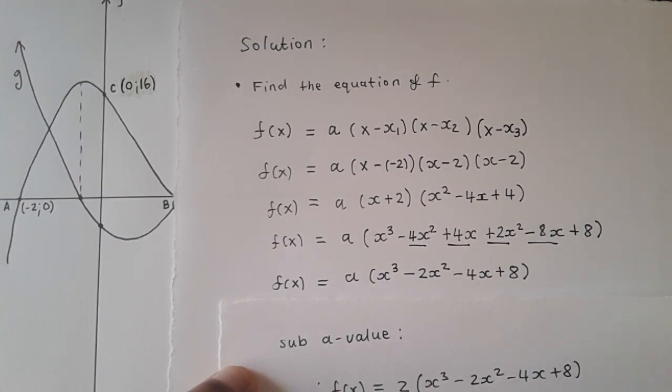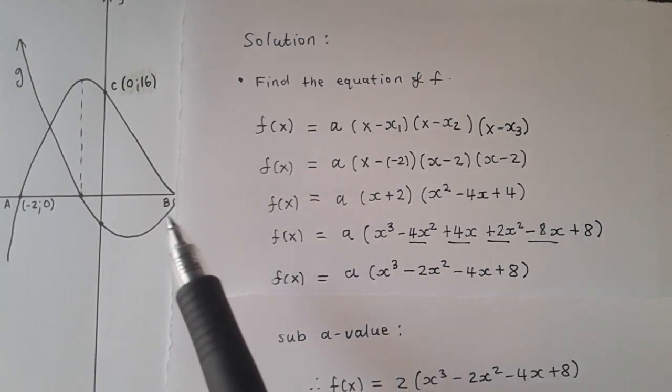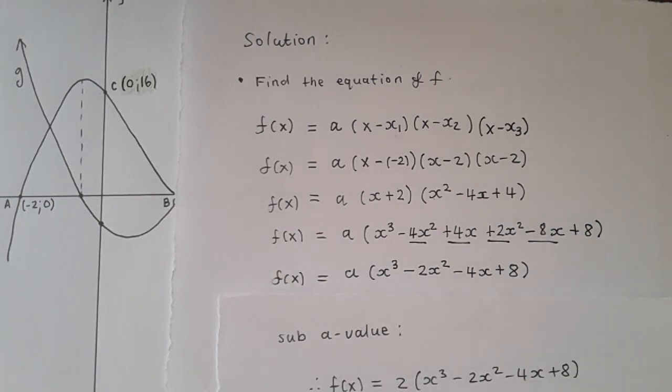Distributing gives you f of x is equal to 2x cubed minus 4x squared minus 8x plus 16. So if we now reference the diagram, you can see that makes sense. Y-intercept at 16, y-intercept at 16.